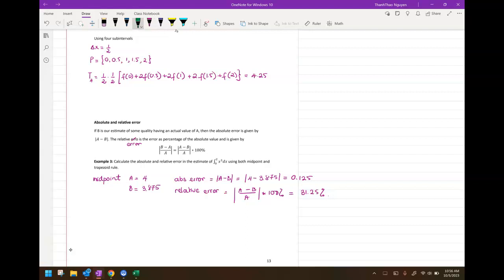So if you look at the trapezoid, again, the actual value is 4. The estimate was 4.25.